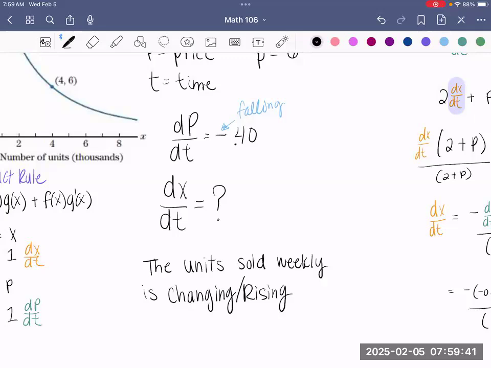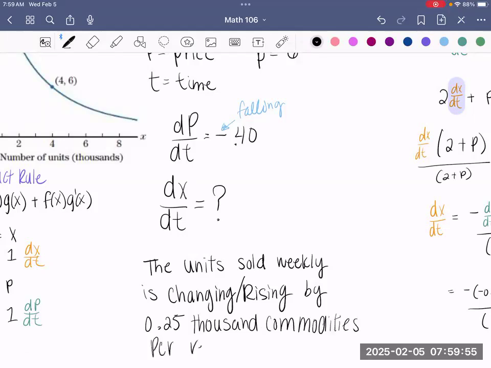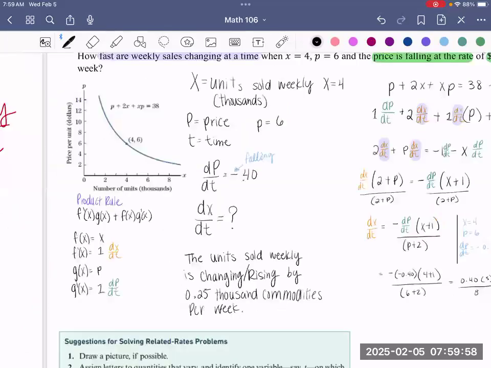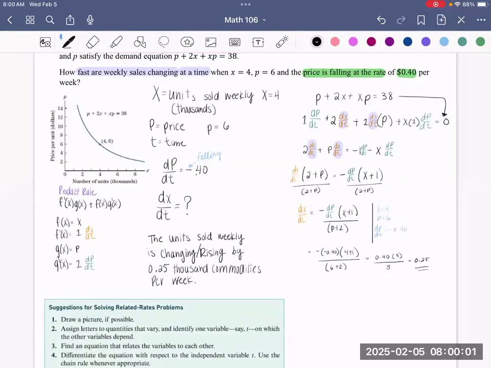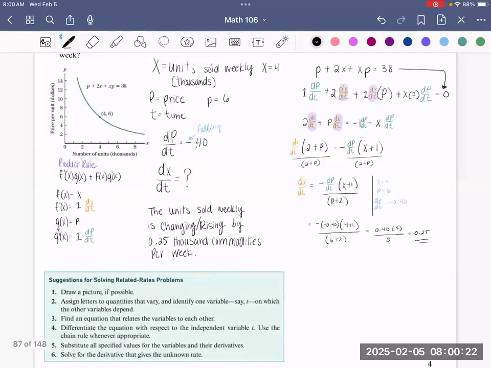So it's rising by 0.25 thousand commodities per week. That is what our answer is telling us. It's how fast your commodities are changing for the week. And we know that commodity is actually going to be in our thousands. So we are changing by 0.25 thousand commodities each week. So that is kind of the end of the video.